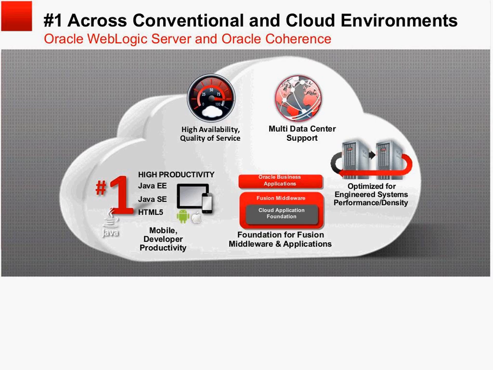A couple of very specific capabilities that we look for inside of the Cloud Application Foundation. For example, we have a layered set of capabilities with our Fusion Middleware: SOA, business process management, our portal and end user experience, content management, identity management, and so forth.